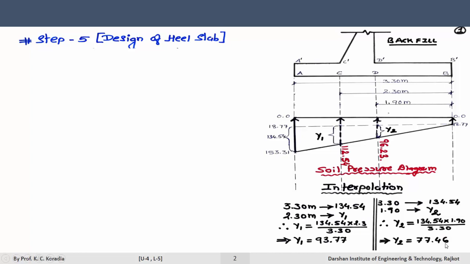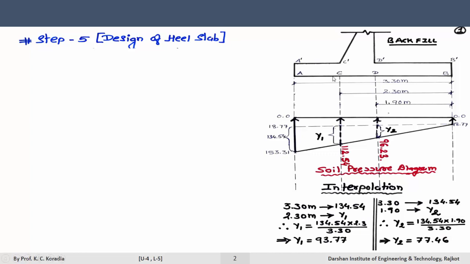This is the increase in pressure with reference to point B. Therefore, the total pressure at point D will be 77.46 kN per meter square plus 18.77 kN per meter square, which gives a total value of 96.23 kN per meter square. Now we have the pressure intensity at point C and at point D. This pressure intensity will be used for our design of heel slab and toe slab.